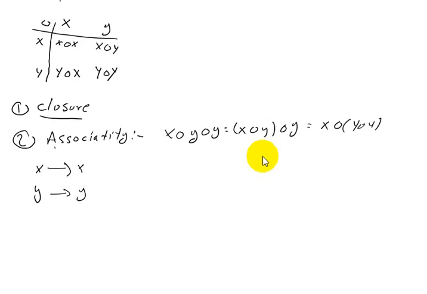And the second: x goes to y, and y goes to x. We have two sets. In the first set, x goes to x and y goes to y, so there is no change. This is the identity.